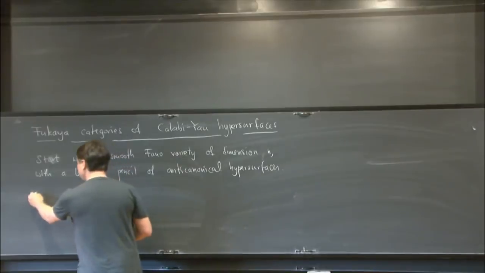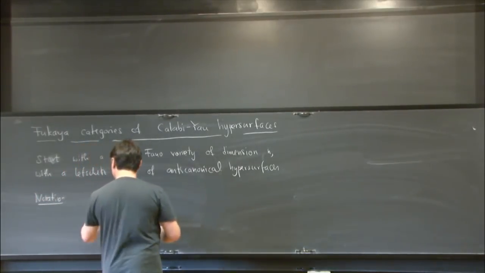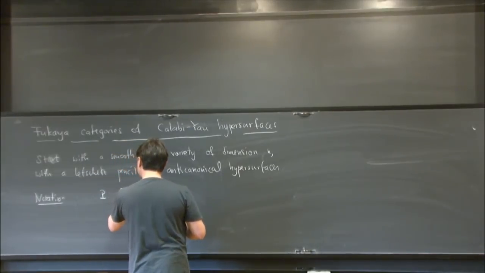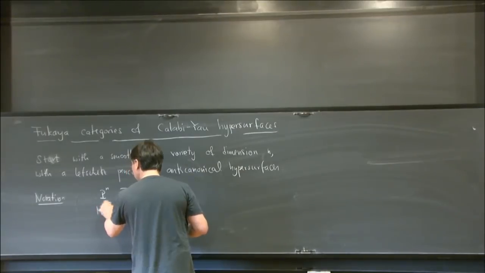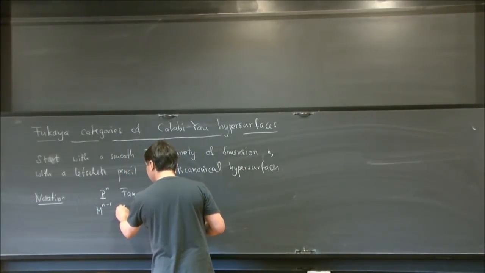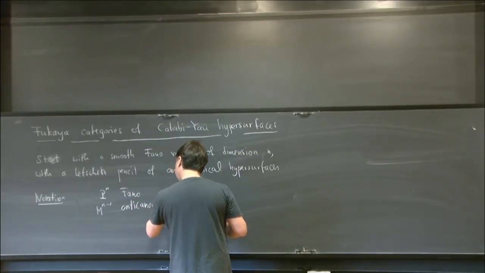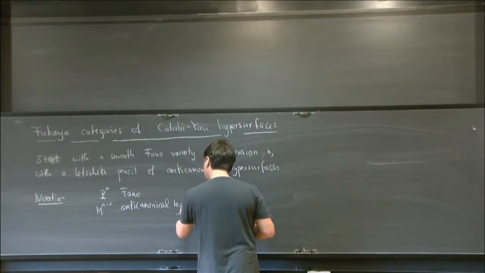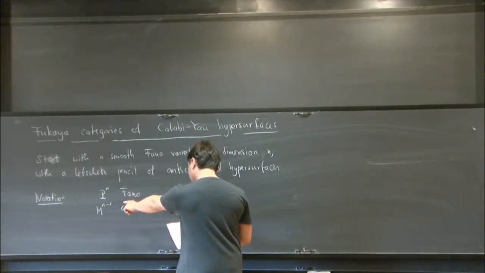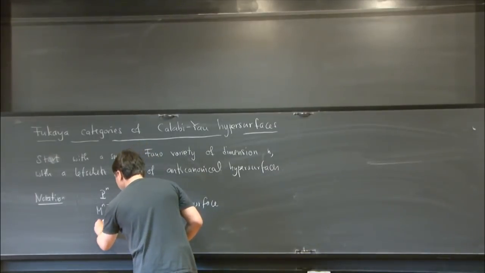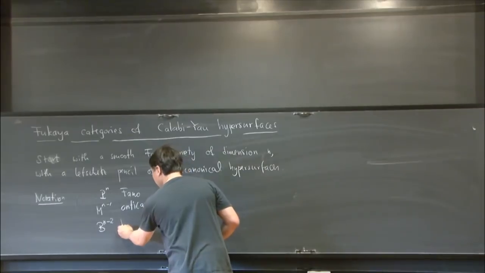So the notation here is P is the Fano, of dimension n, and M, of complex dimension n minus 1, is the anticanonical hypersurface, some smooth member of this pencil. This has vanishing first Chern class, so this is what I'm actually interested in. And there's a complex codimension 2 subvariety, which is the base locus of the pencil.